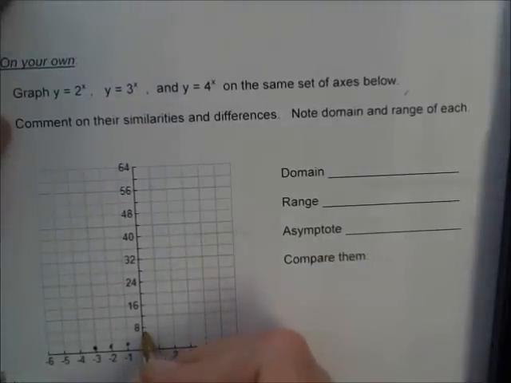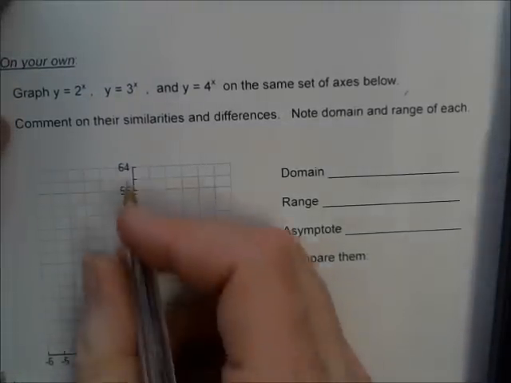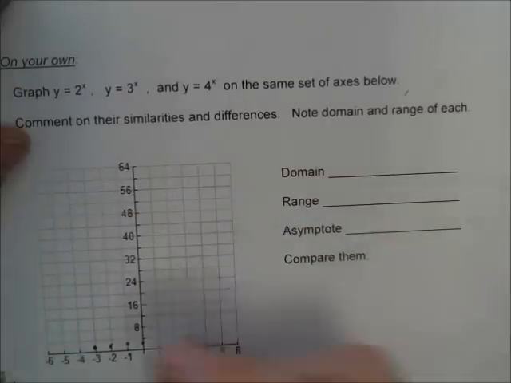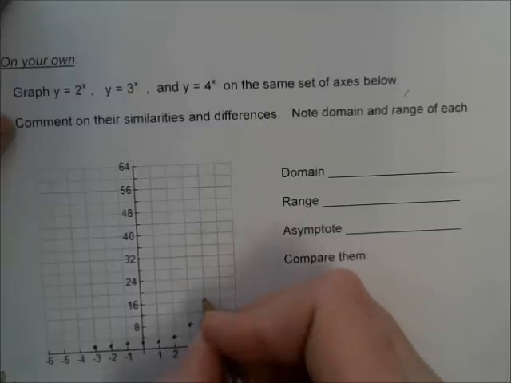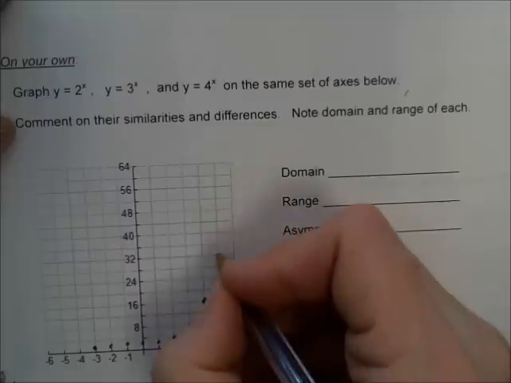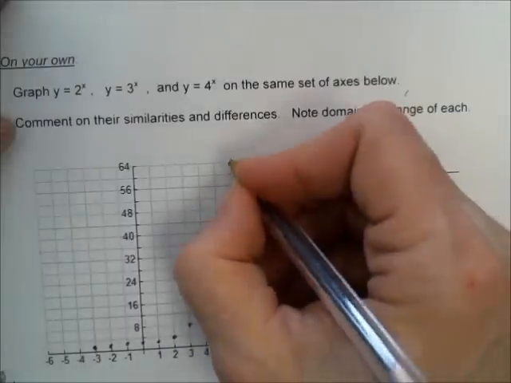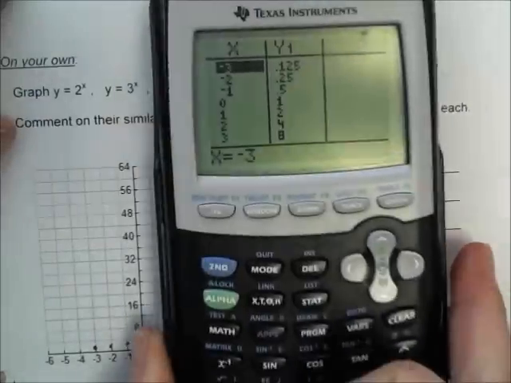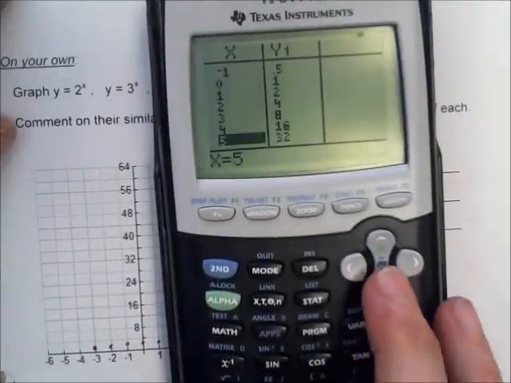Oh, this is counting by 4s, by the way. These tick marks are each 4. So 1, 2, 2, 4, 3, 8, and 2 to the 4th is 16. 2 to the 5th is 32, and 2 to the 6th is 64. If you want to look at the table of values here, you can just take a look.